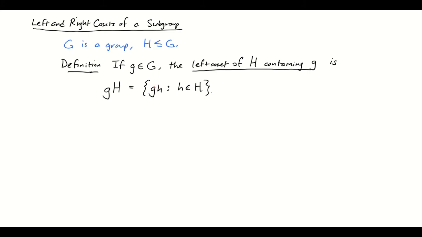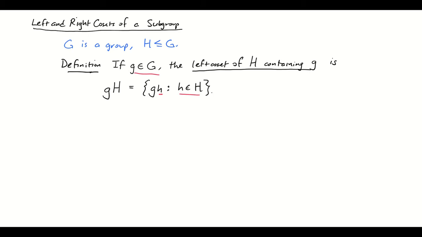It's fixed prior to my starting to talk about this particular coset. So g is fixed, and then h is allowed to range over all elements of the subgroup. So it's the set of all elements of the group that I can get by multiplying g by any element of the subgroup H, with the subgroup element going on the right.